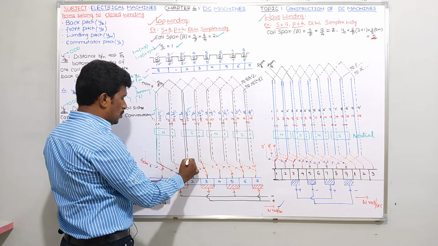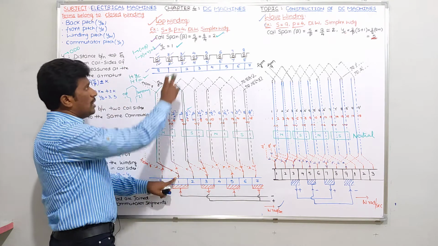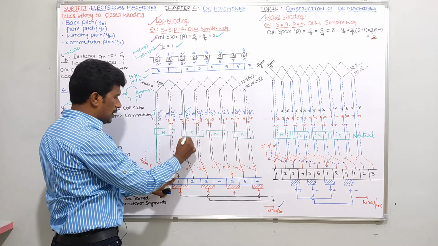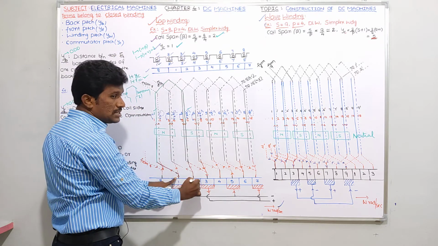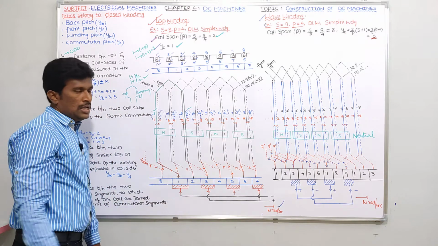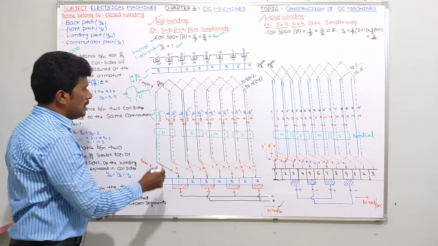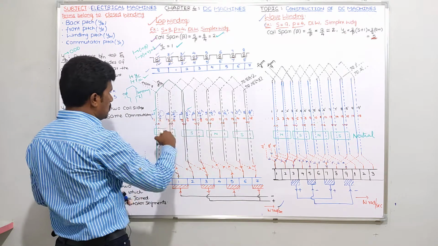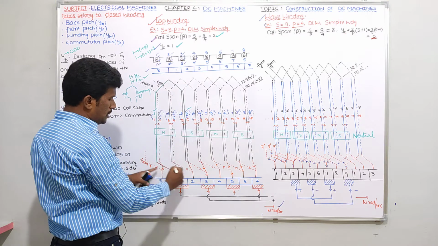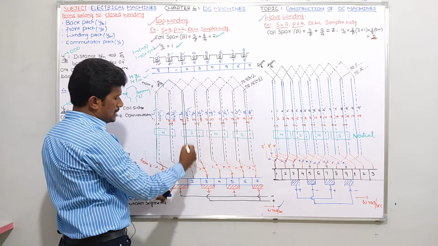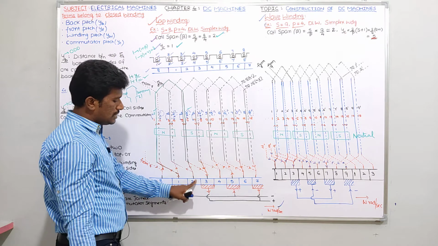Another coil side is connected to 1 plus YC, 1 plus 1, 2. That means another coil side is connected to the second commutator segment. Like that you have to proceed. If you observe clearly, 1 2 3 dash: 1 is connected to commutator segment number 1, 3 dash is connected to the second segment.